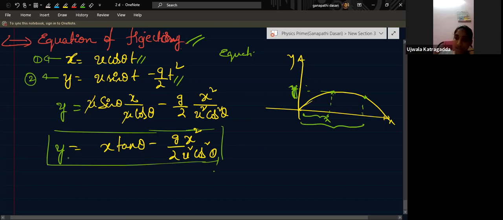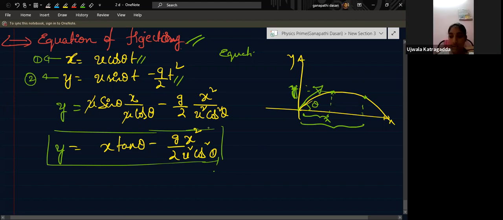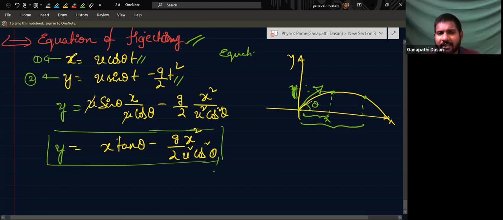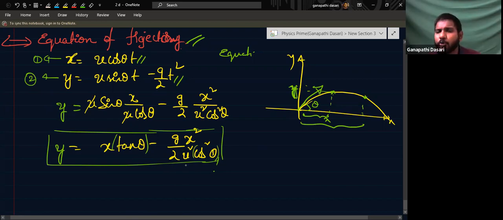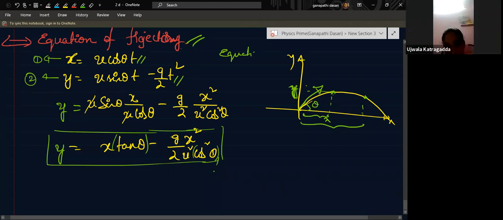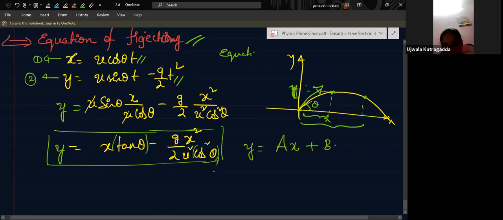Now, suppose you see, for a given projectile, after a ball is thrown, this theta is fixed or not? At which angle the particle is thrown? Yes, sir. So if theta is fixed, tan theta is a constant, cos theta is a constant. After the ball is thrown, u is also a constant. The whole thing will be constant rather than x square. g is a constant, 2 is a constant. So I can write it as y is equal to a x plus b x square.